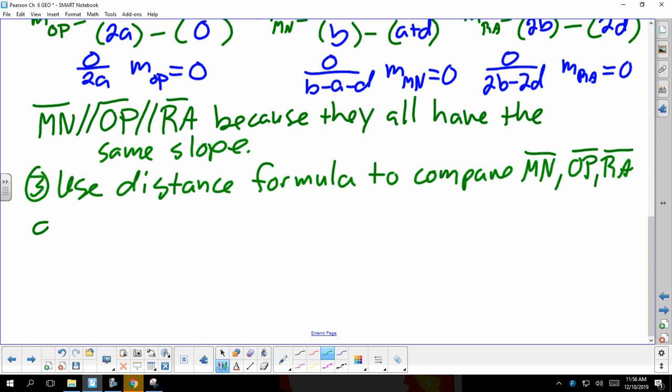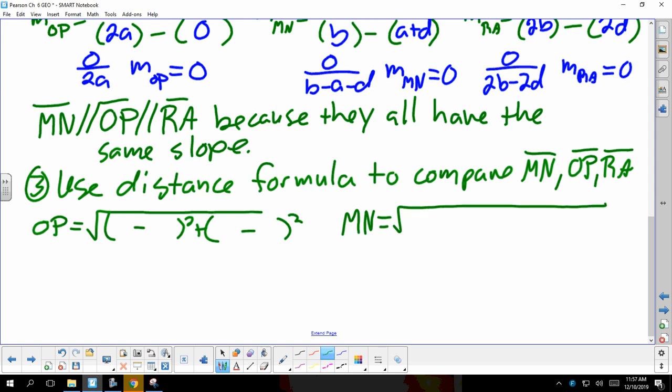So I want to do the distance formula a couple of times. And then RA down here.